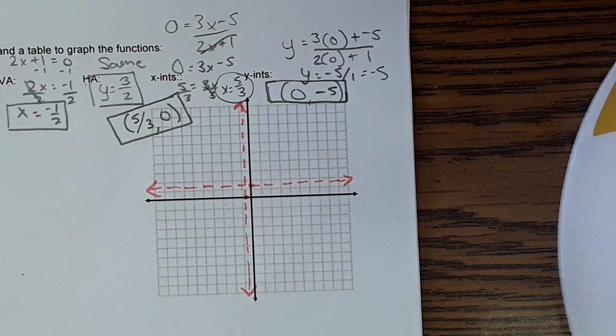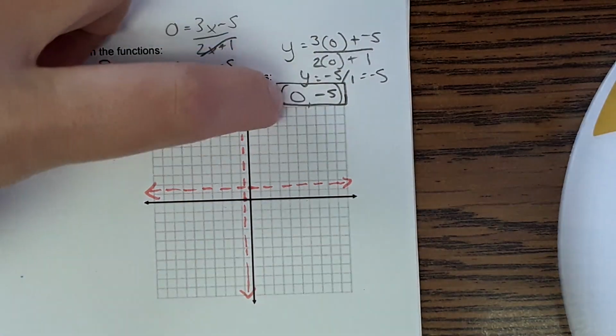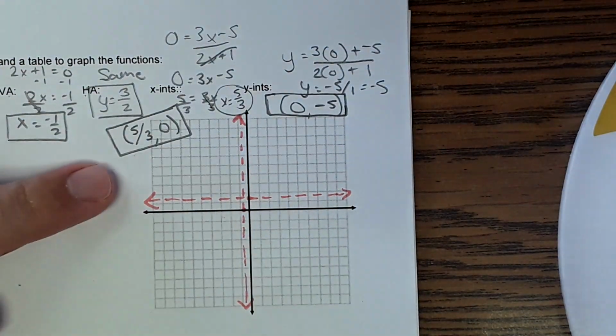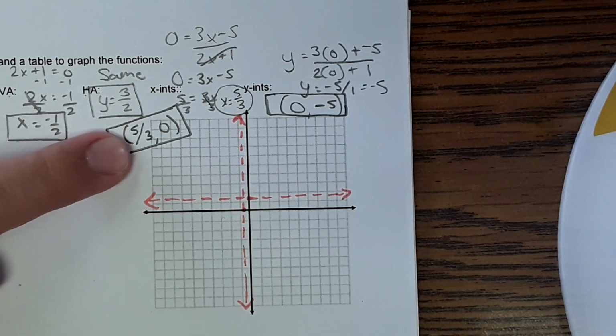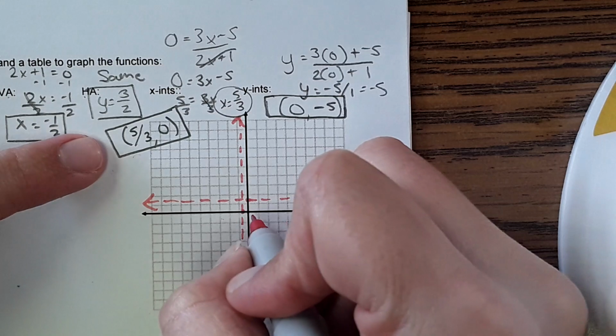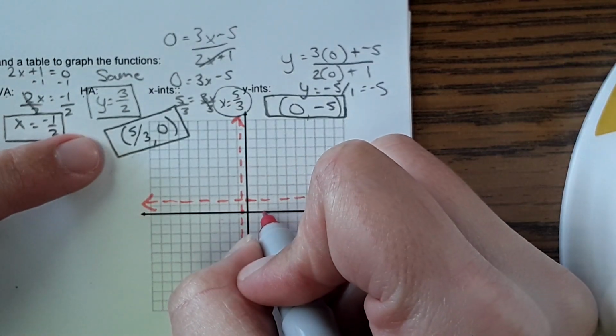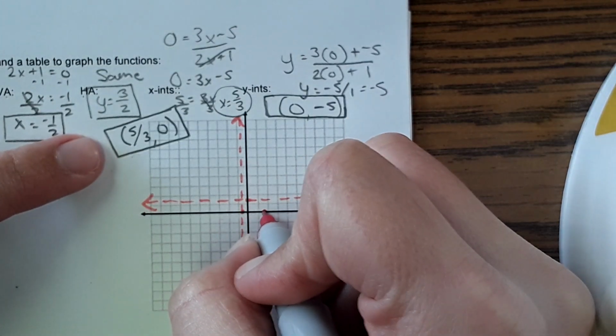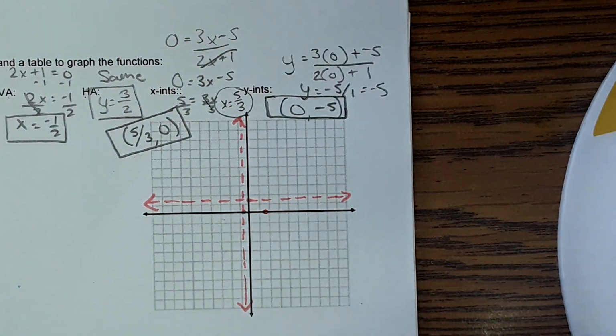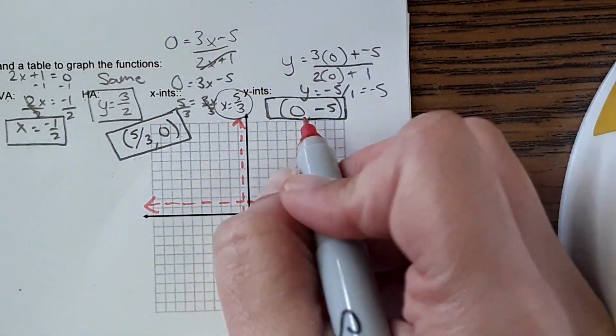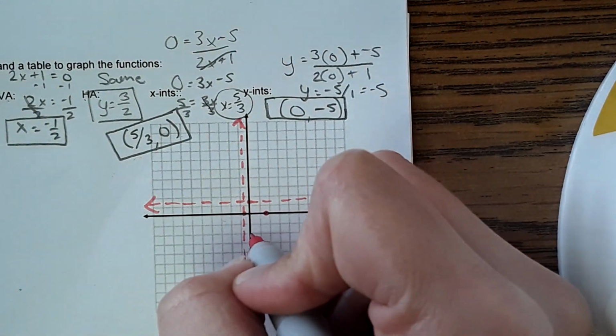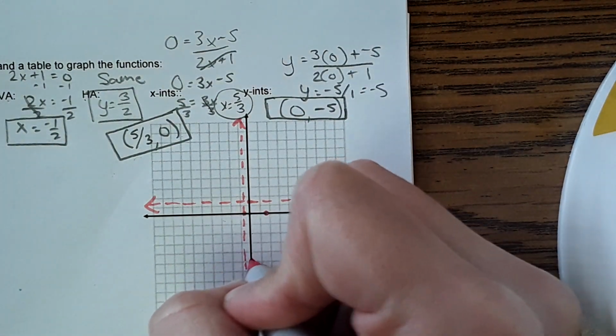Now we're going to graph the x-intercept and y-intercept that we have. This is at 5/3, so not quite 2, a little less than 2, 0. And 0, negative 5.